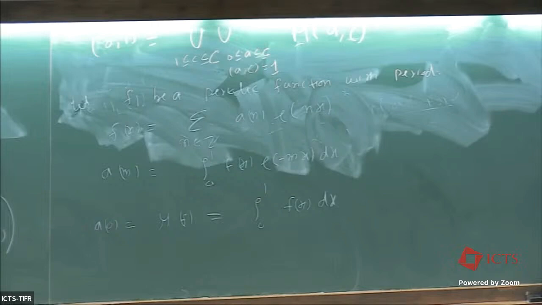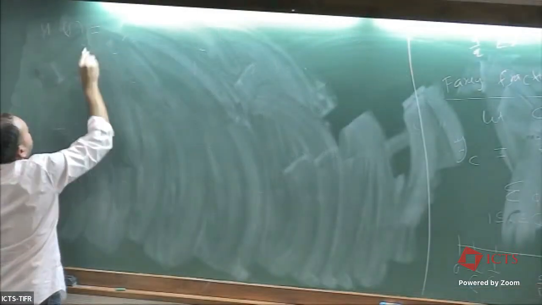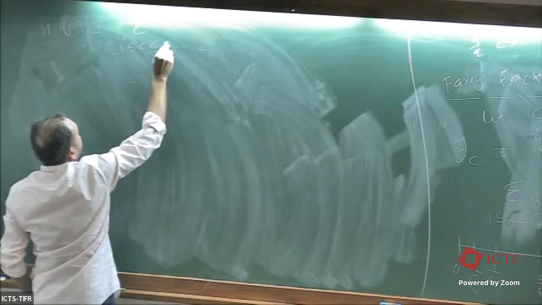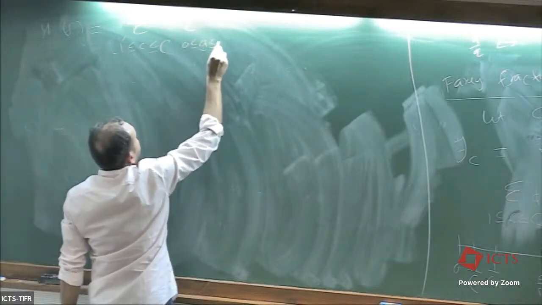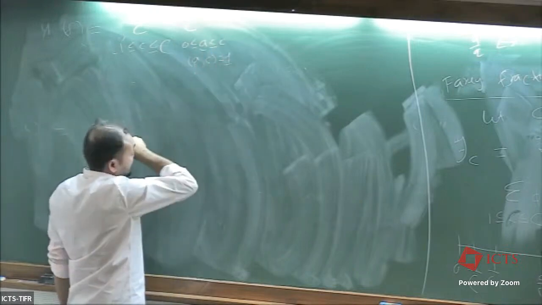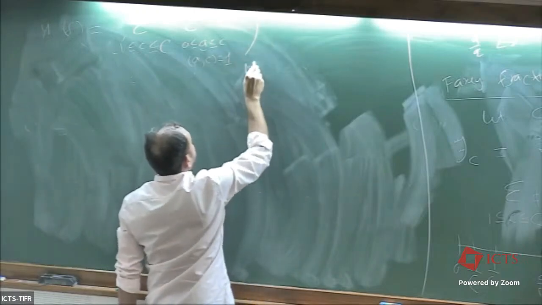Now we want to use the Farey fractions so that we can write the interval 0 to 1 as a disjoint union of Farey arcs M A C. So mu of f is nothing but the summation over 1 less than or equal to C going up to capital C, summation over 0 less than A less than or equal to C, but A is co-prime with C, of the integration over M A C.